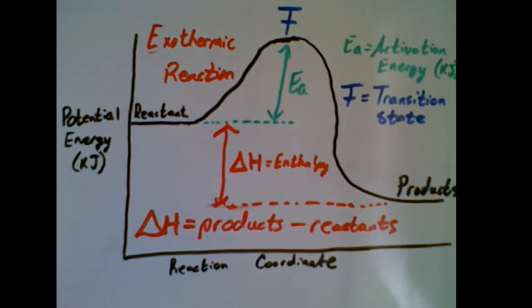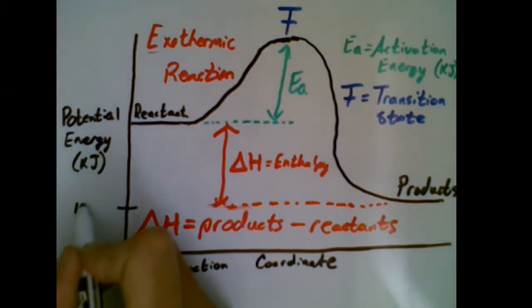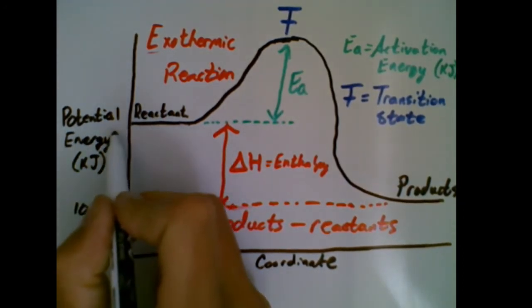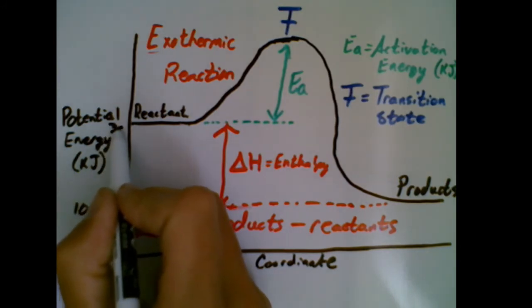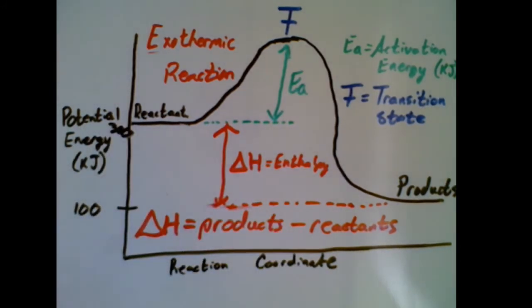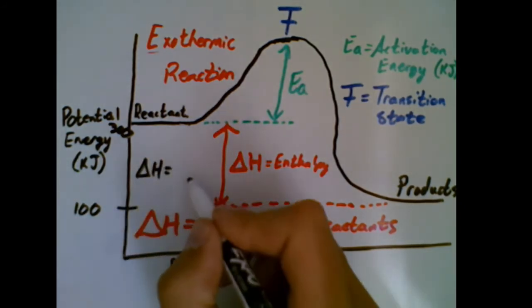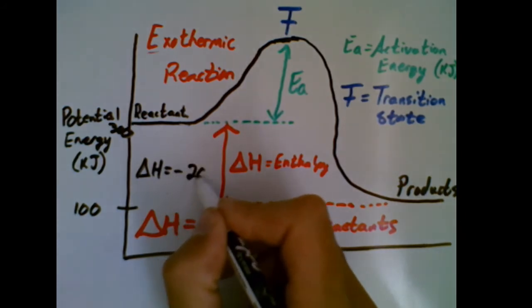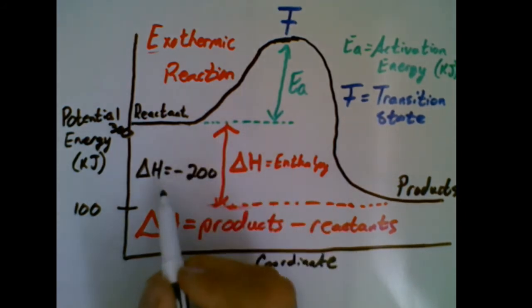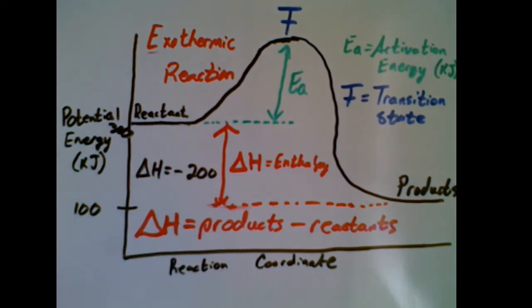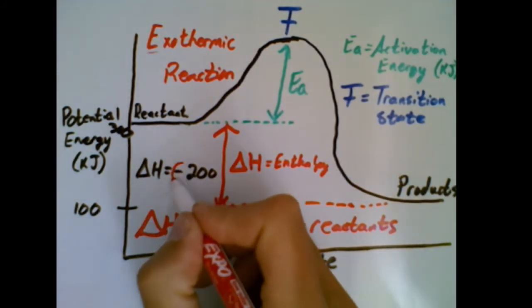So if we just pretended for a moment that our products were at, let's say, 100, and our reactants were at, let's say, 300, then the delta H for this reaction would be 100 minus 300, it would be negative 200. In an exothermic reaction, the delta H is always negative.